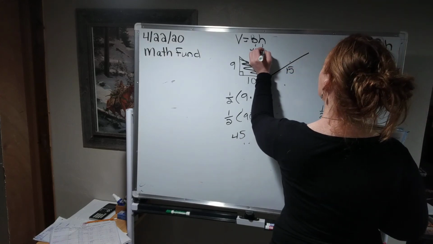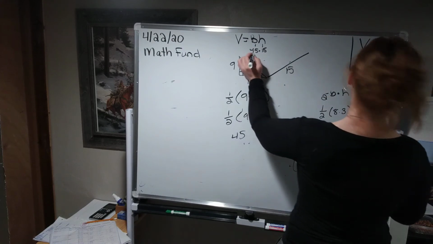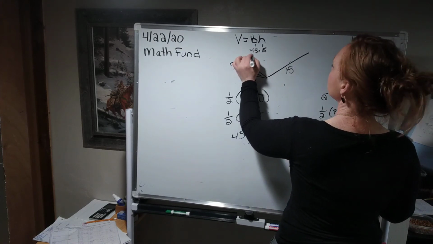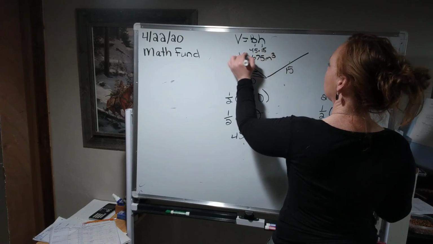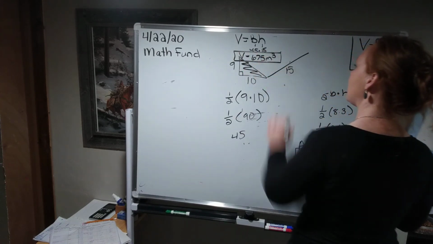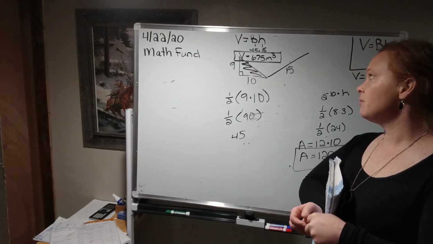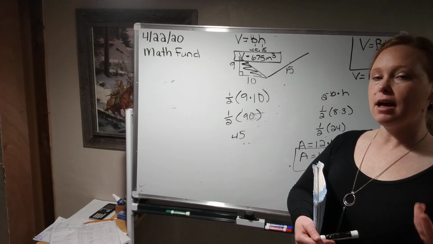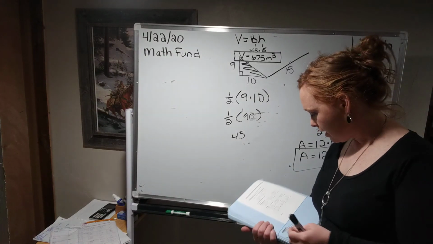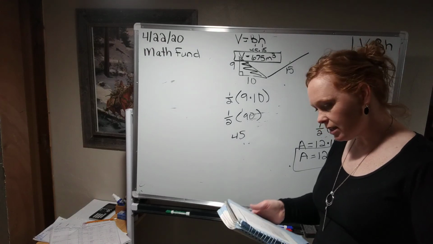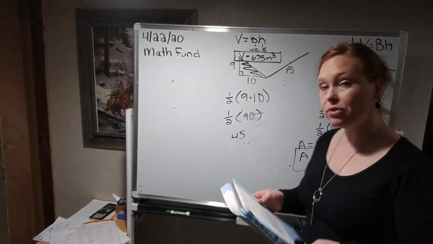So I'm going to do 45 times 15, and when I do that, I get 675 meters cubed. So my volume equals 675 meters cubed. So find the area of the base and multiply it times the height. All right, let's do your exercises. Let's do numbers 1 through 13.